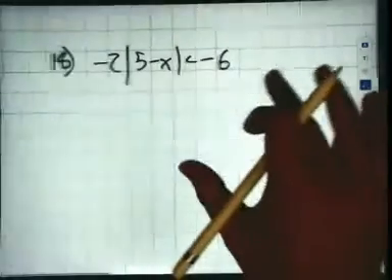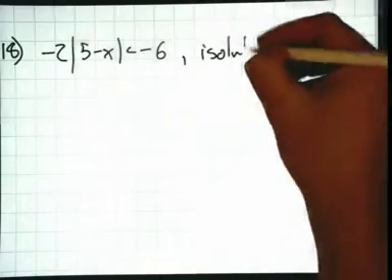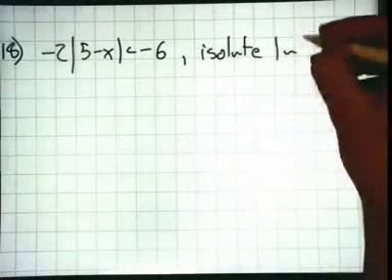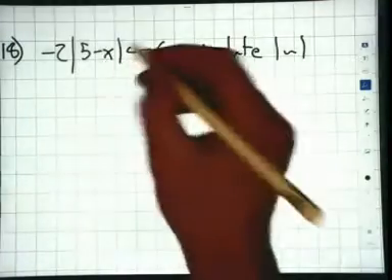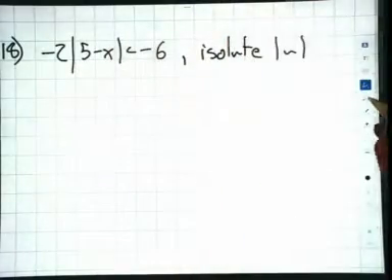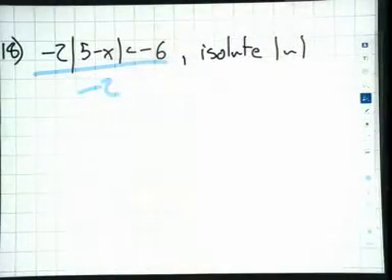Alright, first thing that we want to do is we want to isolate the absolute value expression. We want to get the absolute value of 5 minus x by itself. So how do we do that? We're going to go through and divide by negative 2.